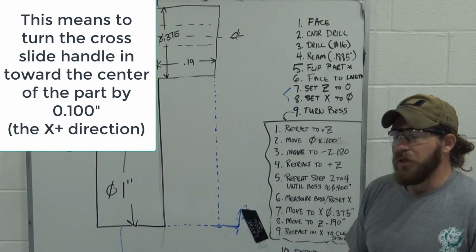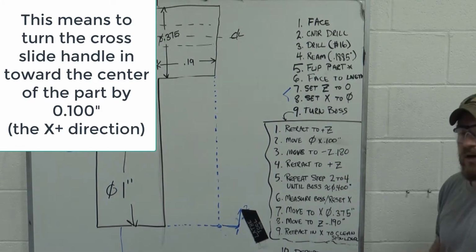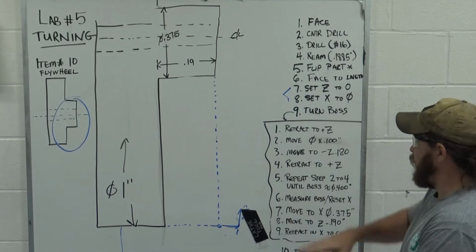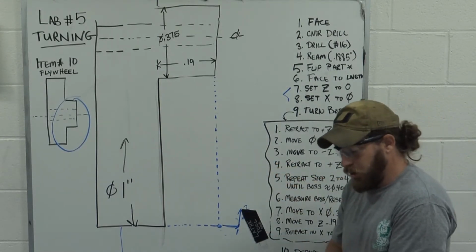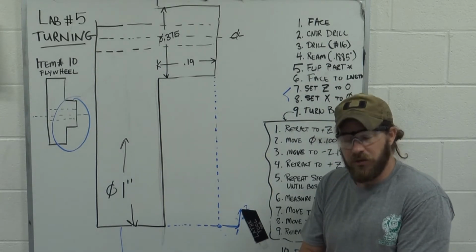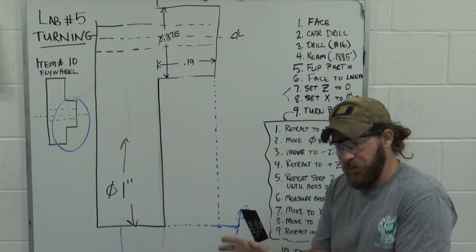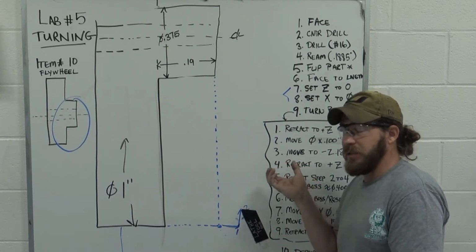That causes some people confusion when I say X a diameter of 100 thousandths. The lathes that we use all have our measurements, all of the dials, in diameter.